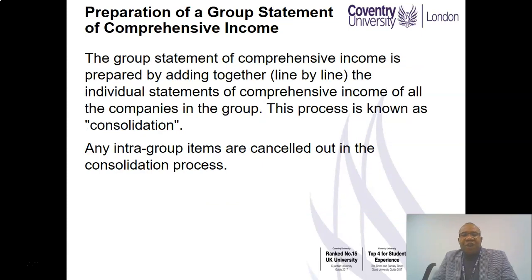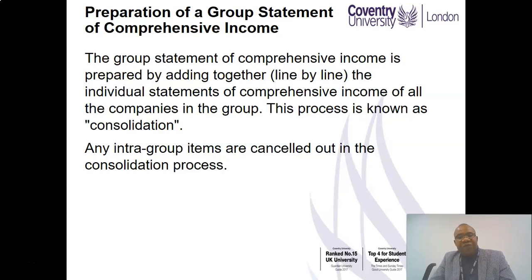First of all, the group statement of comprehensive income is prepared by adding together on a line-by-line basis the individual items comprised in the profit and loss. For example, we will add the revenue of the parent to the revenue of the subsidiary, the cost of sales of the parent to the cost of sales of the subsidiary, the distribution cost of the parent to the distribution cost of the subsidiary, and so on and so forth.